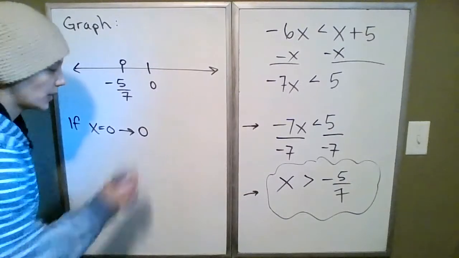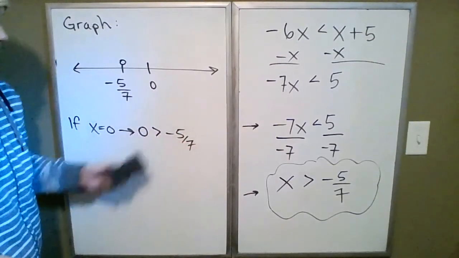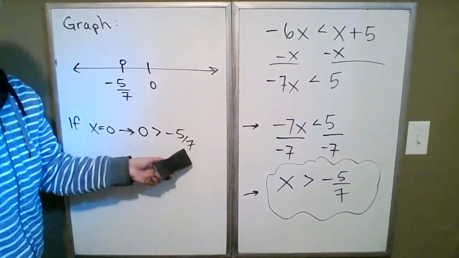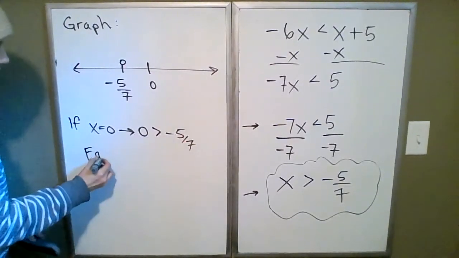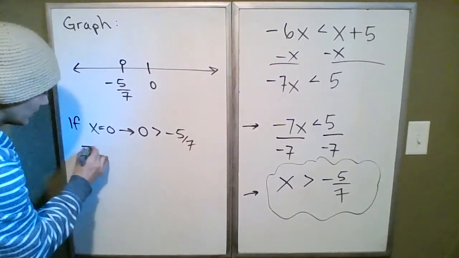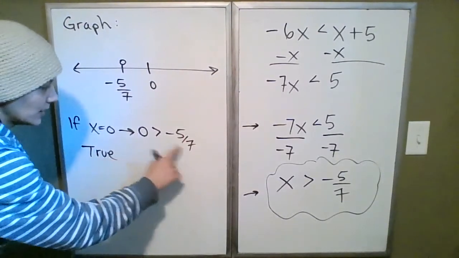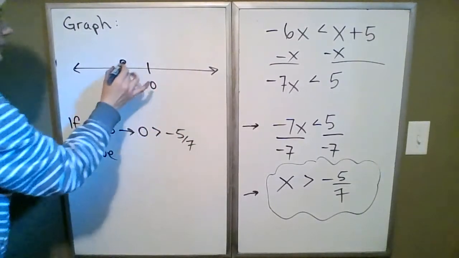I put 0 in for x. 0 greater than a negative number is false. Wait, no, that's true. I'm sorry. True, very true. 0 is greater than negative numbers. So I do want to shade that way towards 0.